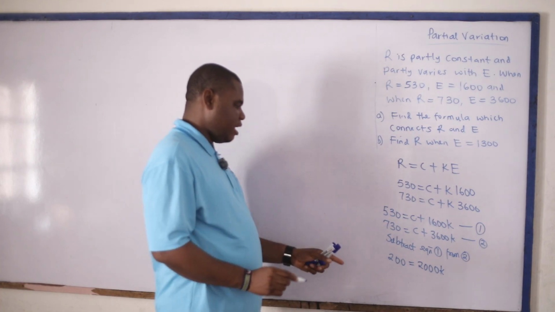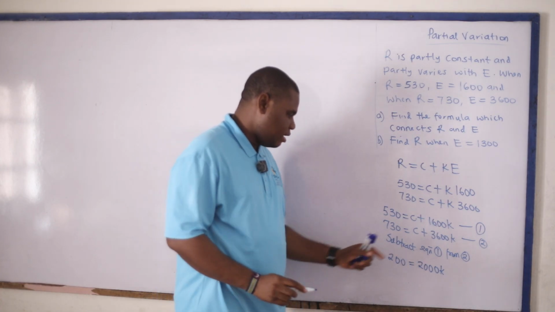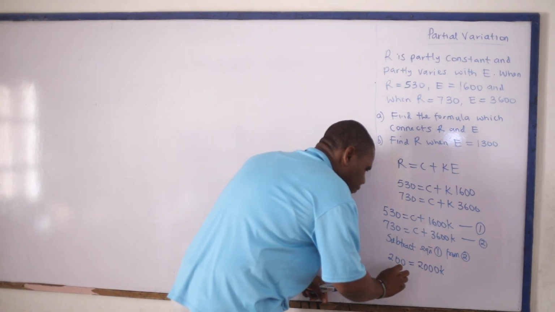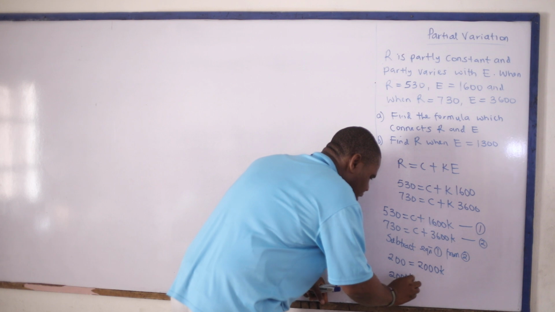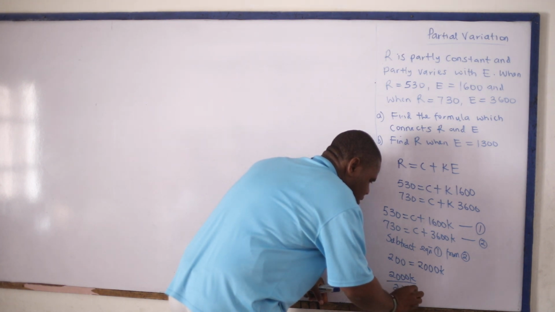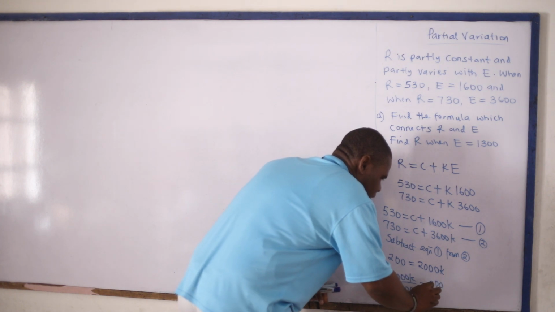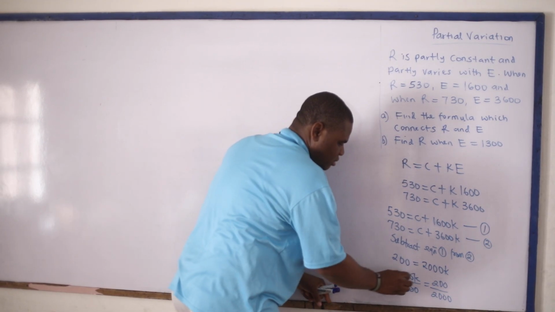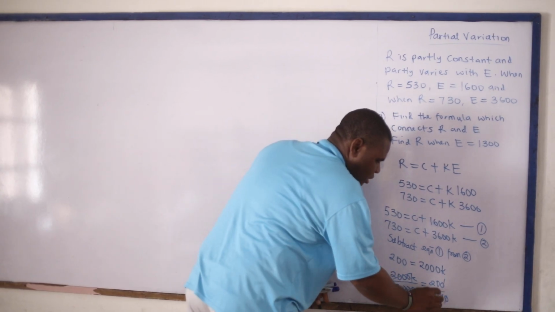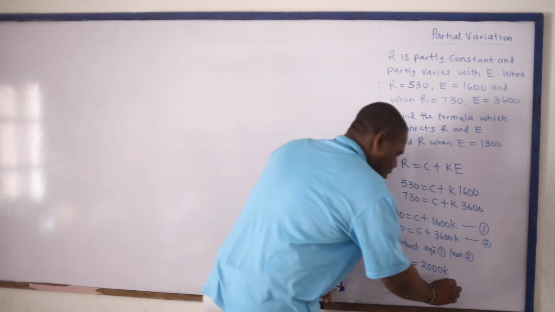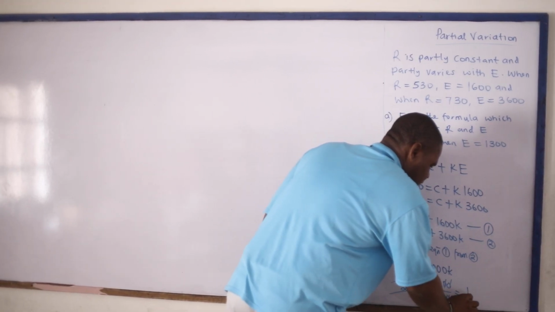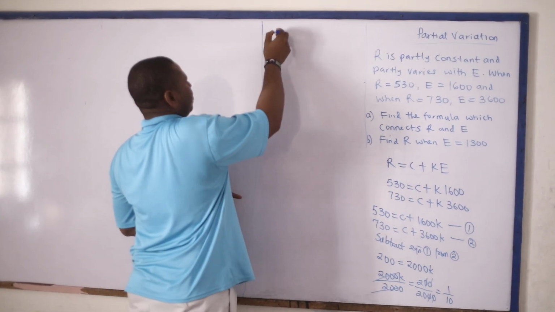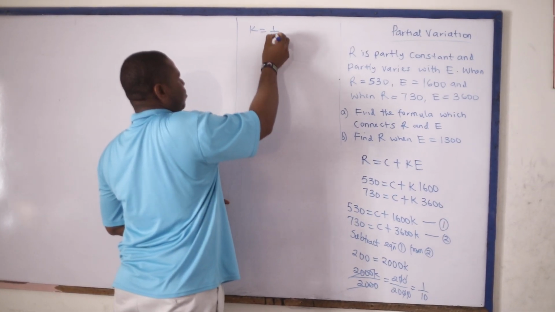Now I'm going to find K. I divide both sides by the coefficient of K, which is 2,000. So 2,000K over 2,000 equals 200 divided by 2,000. Zero cancels zero, zero cancels zero, so 2 goes into itself 1, and 2 goes into 20, that is 10. So the value of K equals 1 over 10.